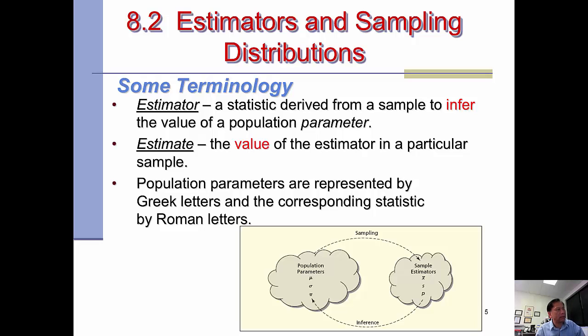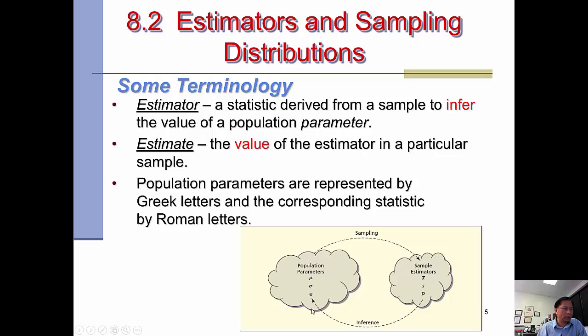And an estimate is the value of the estimator in a particular sample. Population parameters are represented by Greek letters and corresponding statistics by Roman letters. In this case, population parameters are mu, sigma, pi. Mu is the mean, sigma is the standard deviation, pi is the proportion.